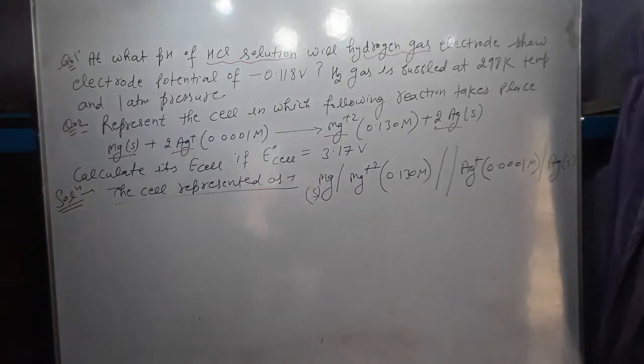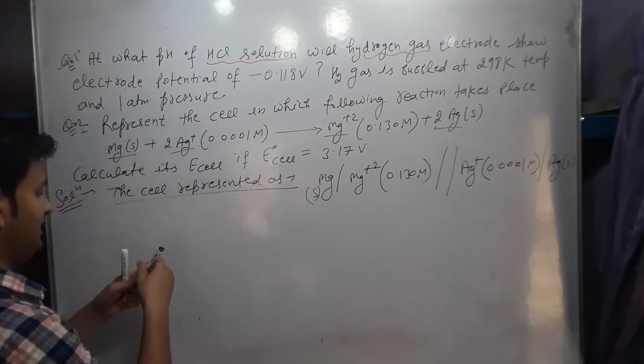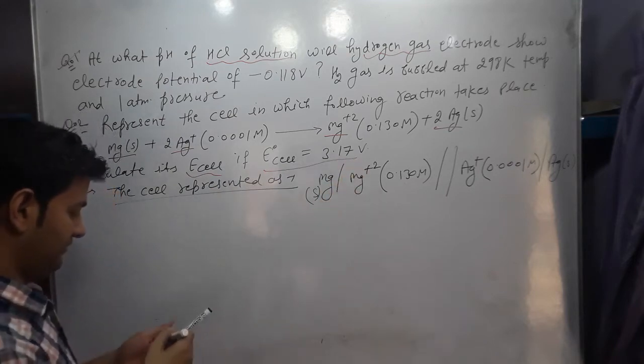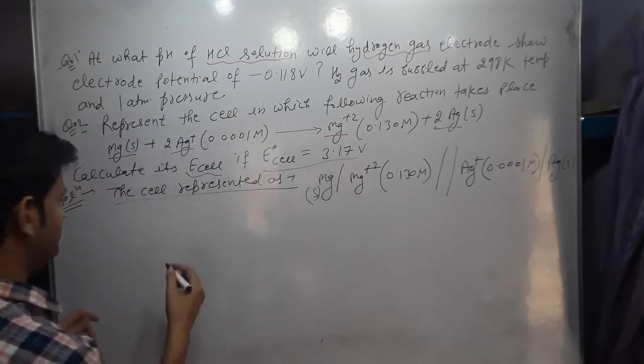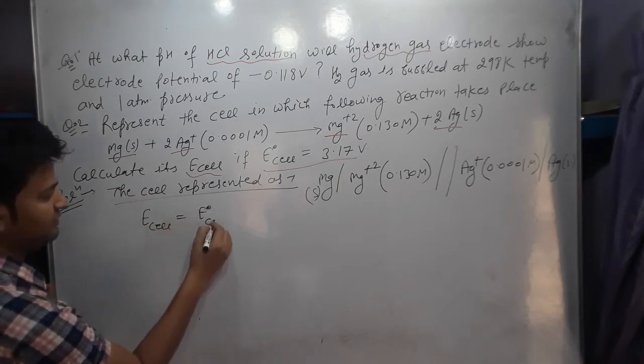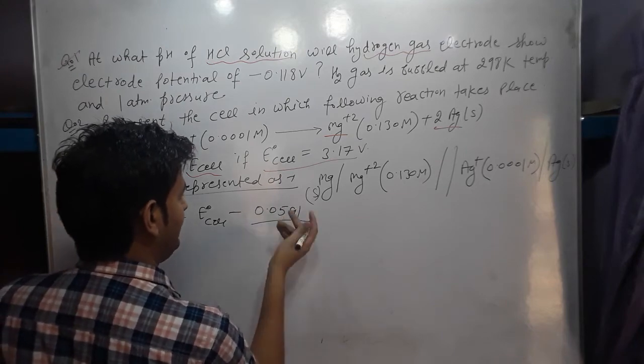The second part of this question asks us to calculate the EMF of the cell. We have to calculate the EMF for this cell, with E naught given. So write the Nernst equation. The EMF of the cell is equal to E naught of the cell minus 0.0591 over n.